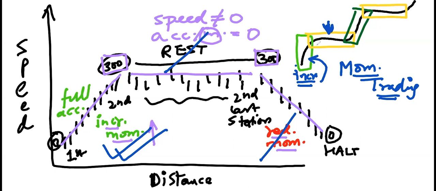But yes, every flat resting phase is a precursor to the next move. So basically, we are looking to enter around here, either at the beginning of a momentum or during the momentum.